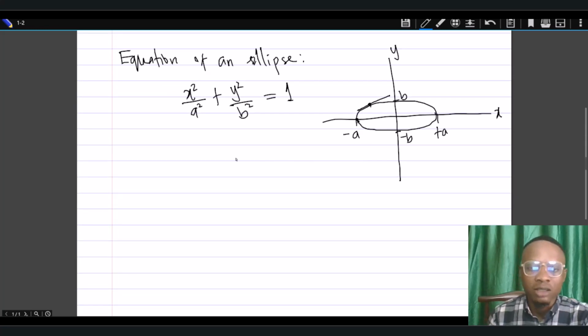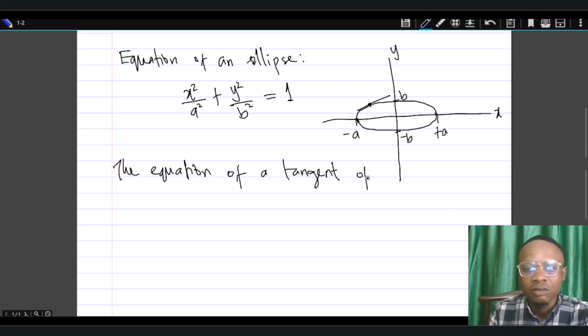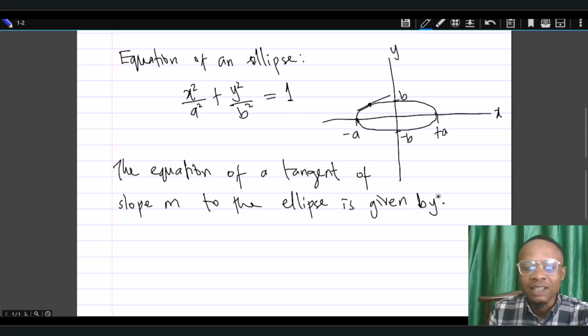So we say that the equation of a tangent of slope m to the ellipse, that is the ellipse with this standard equation, is given by, so we know the tangent is a straight line, and the equation of a straight line is given by y equals mx plus c.